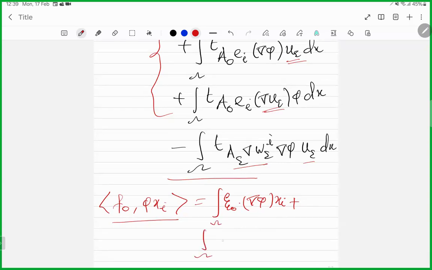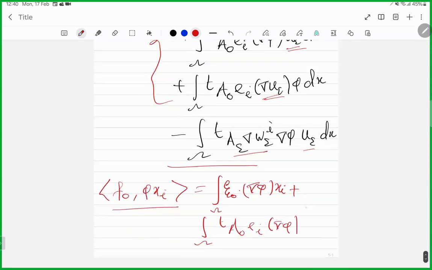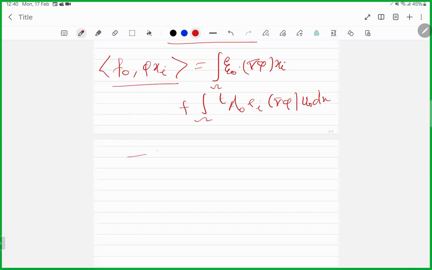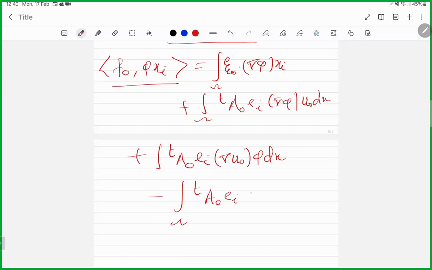omega plus integral over omega, and plus transpose of EI grad phi, grad u naught phi, minus... okay.